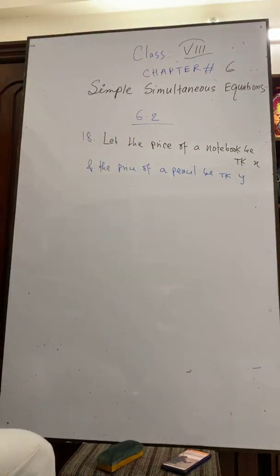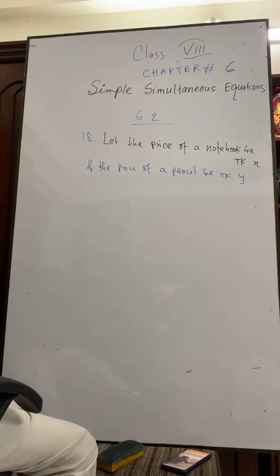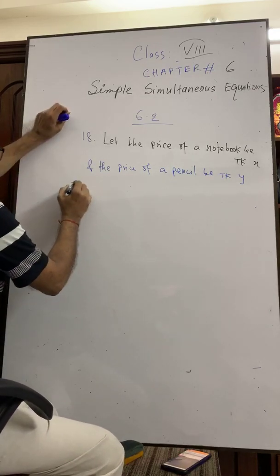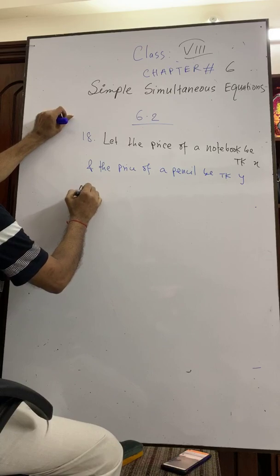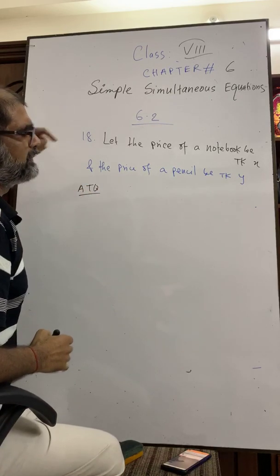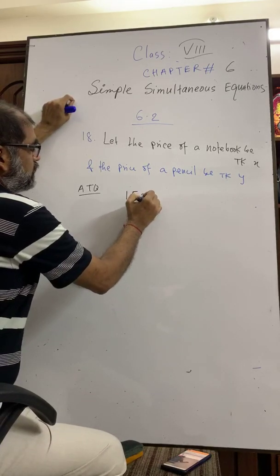I know that you all can do this math very easily and simply, but I am going to solve it another way. According to the question, what can be written? There are 15 notebooks, so its price will be 15x.